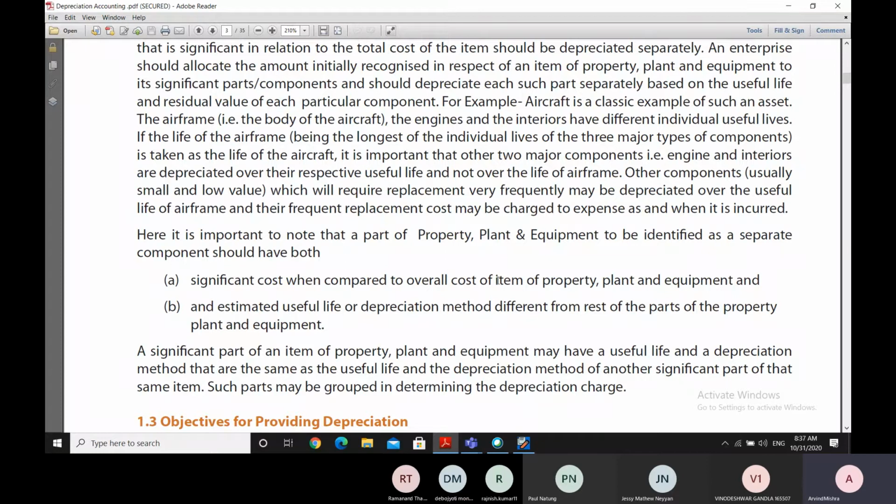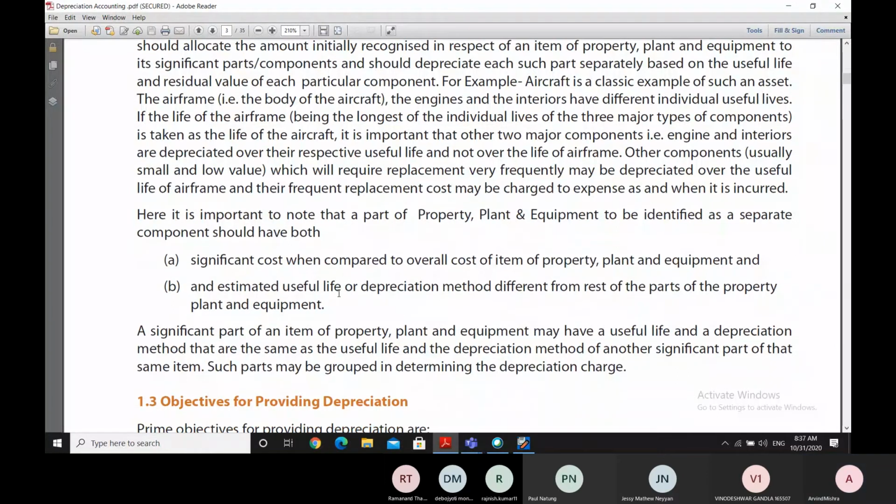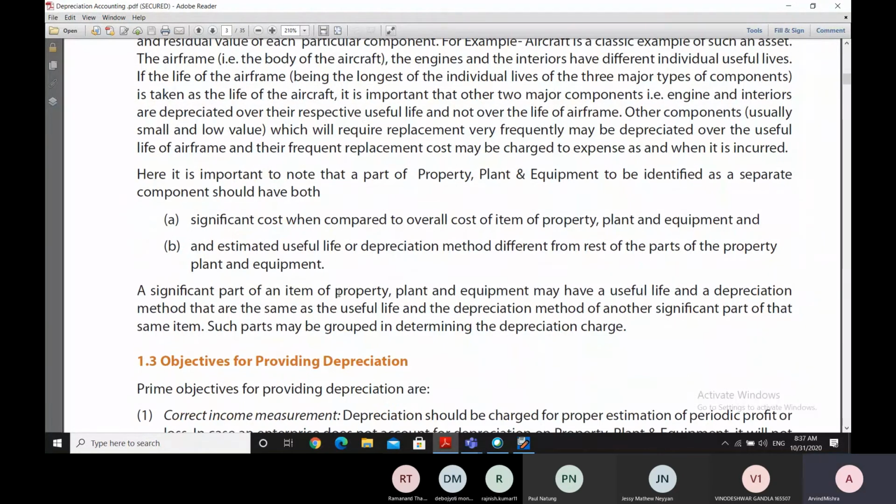So based on these two factors, we identify the component which needs to be depreciated separately. The first is that it should have its own significant cost compared to the overall cost of the property, plant, or equipment. The second factor is that it should have its own estimated useful life.